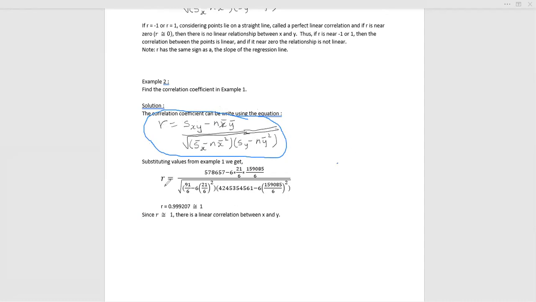I substituted them in this line, and I end up with this answer for R, 0.999207, which is nearly equal to 1. Since R is nearly equal to 1, we can say the given data set follows a linear regression, or there is a linear correlation between X and Y.